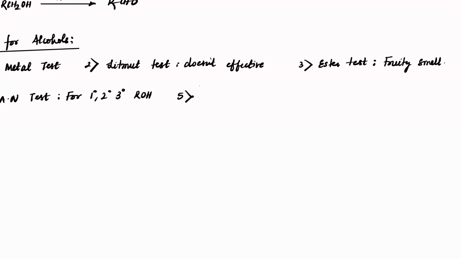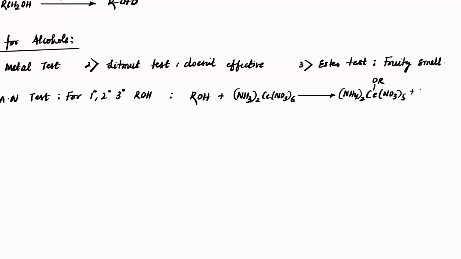Fifth one. I'll do one thing, I'll just show you how the product is also formed. Suppose you have an alcohol and you react this with cerium ammonium nitrate this way. What happens here is this will become NH4 twice and cerium with the OR group attached here, and this will get NO3 five times, and one HNO3 will come out, correct?